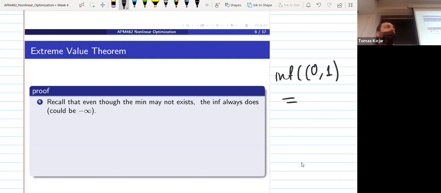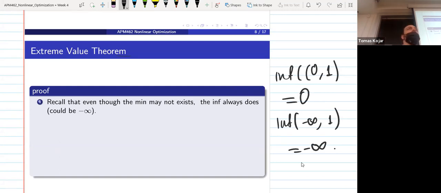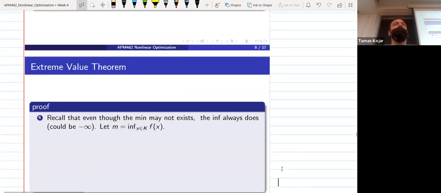And then, of course, if you put infinity, you get -infinity. Okay. So it does exist. It's just infinite. Question? Okay, good. So that's why we're not allowed to use min yet, because we haven't proved its existence. So we have to use this notation called infimum.